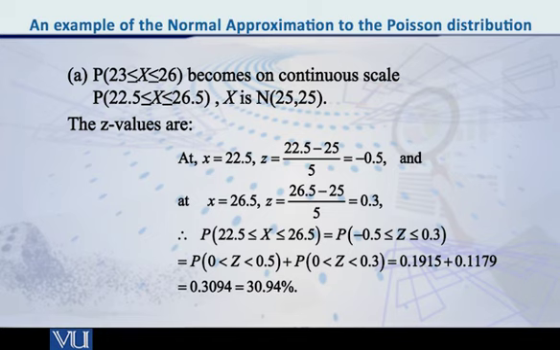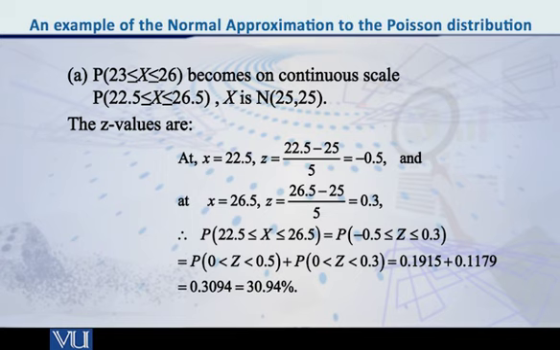Well, we are going to use the same mean that is for the Poisson and the same variance too. And we know that our Poisson distribution for this example is the Poisson distribution with lambda equal to 25.